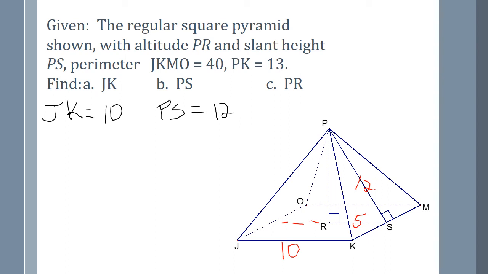Now we've got to use the Pythagorean theorem. We can't assume that we have a Pythagorean triple here. So this is going to be PR squared plus 5 squared equals 12 squared. Let's erase that and start over.